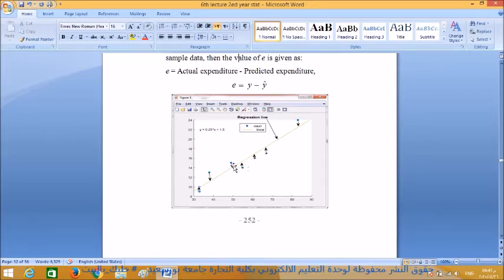We have to minimize this error, okay. So it's called least square line because it minimizes the squared differences between all points and the line, okay.